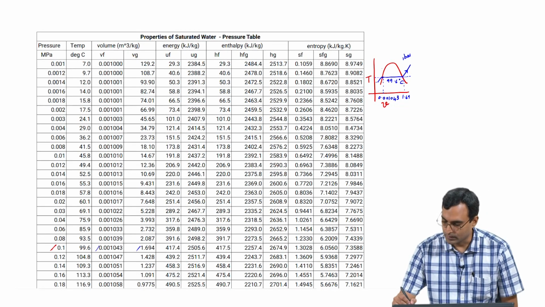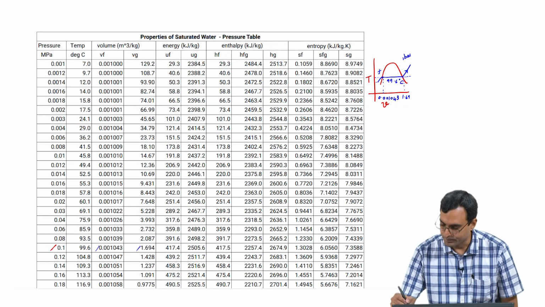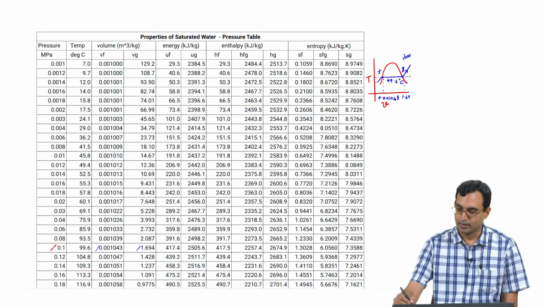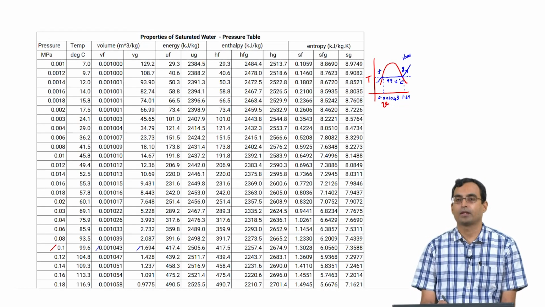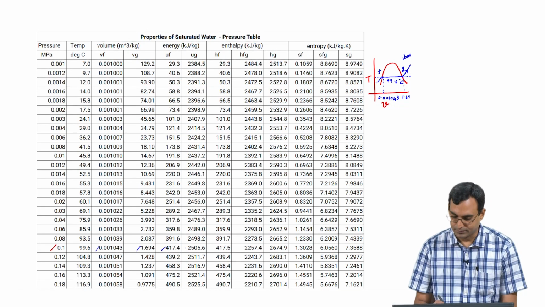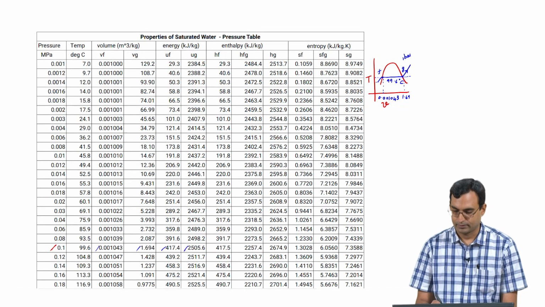Corresponding to this point, which we call F, this other point is what we call G. Corresponding to this point F, the internal energy is 417.4 kilojoule per kg. Corresponding to point G, it is 2505 kilojoule per kg.